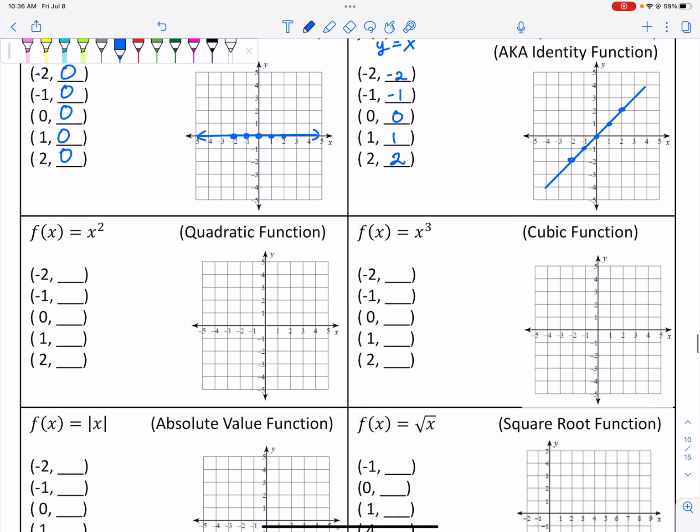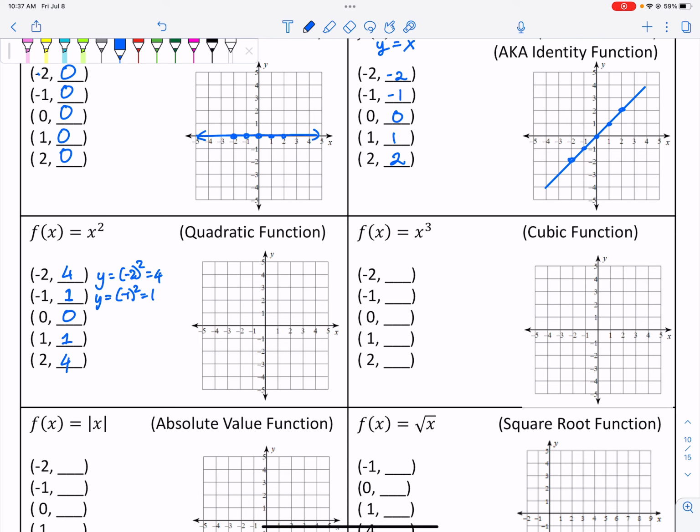All right, next we have the quadratic function. This is one of the popular functions as well. Let's pick some points. If we plug in negative 2, y equals negative 2 squared, which gives us a positive 4. Plug in negative 1, negative 1 squared gives us a positive 1. 0 squared is 0. 1 squared is 1. 2 squared is 4.